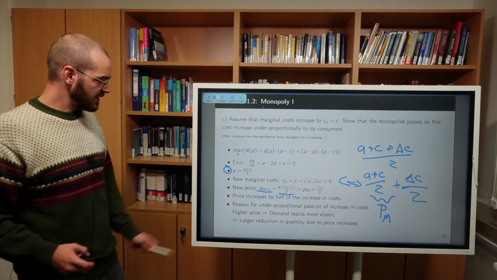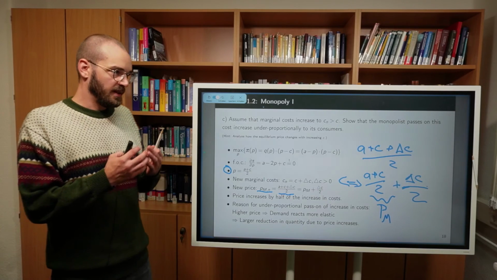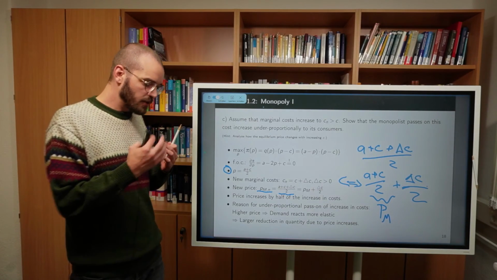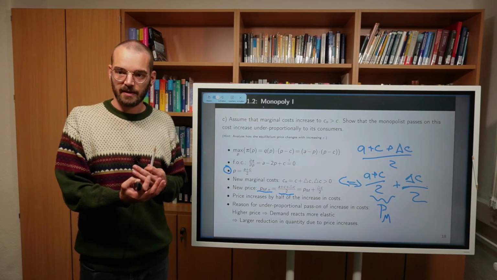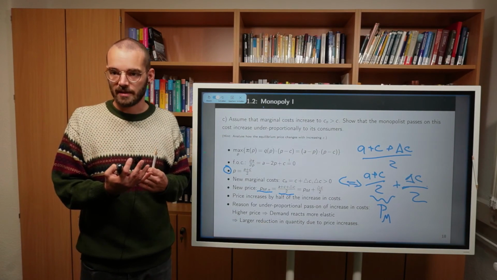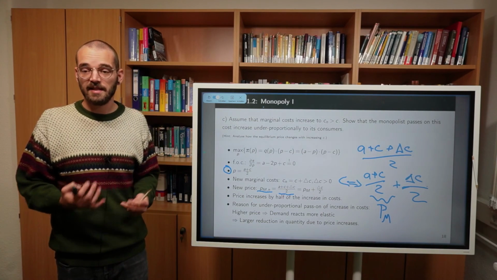So what we see is that the price is increased underproportionally to the increase in costs, right? The costs increase by delta C, the price increases by delta C divided by 2.